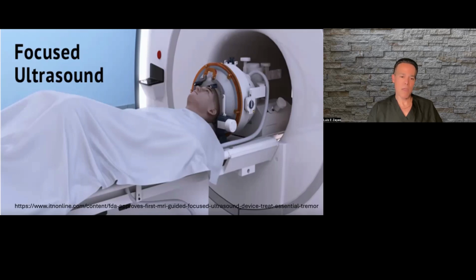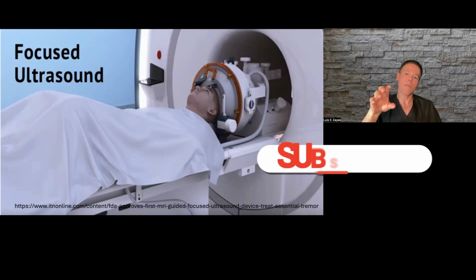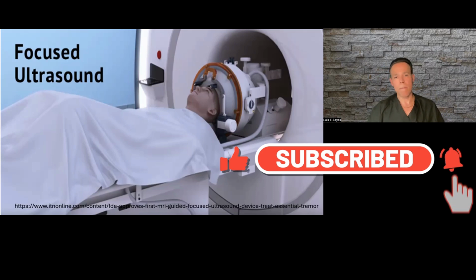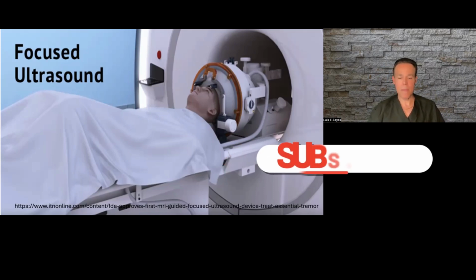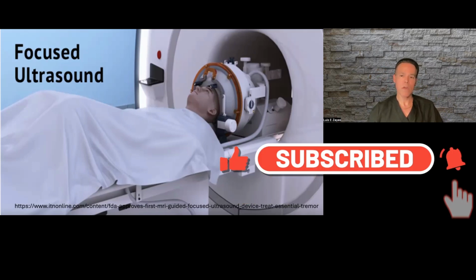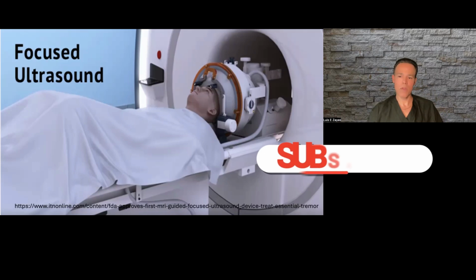And the good thing about this is nobody is opening your head, but literally they are burning your thalamus. The same nucleus that you stimulate with deep brain stimulation is the area that will be burned to decrease the tremors significantly in patients with essential tremor, and it is also approved for tremor predominant Parkinson disease, or the tremor that you see in patients with Parkinson disease.